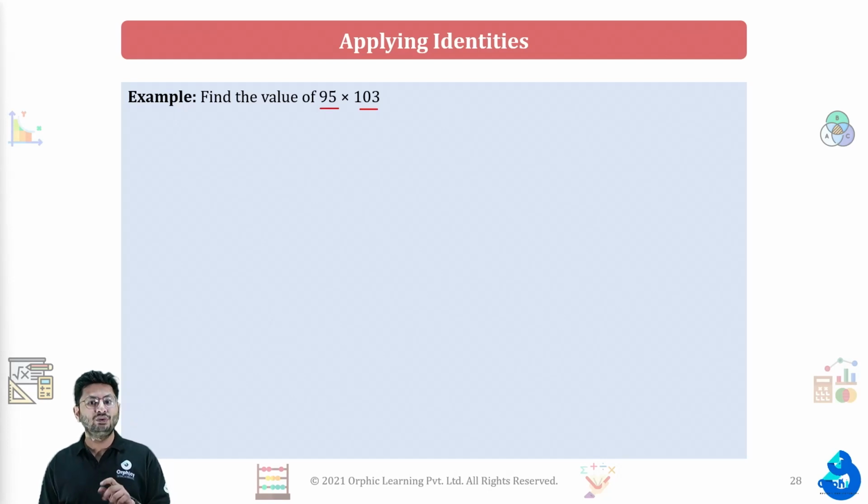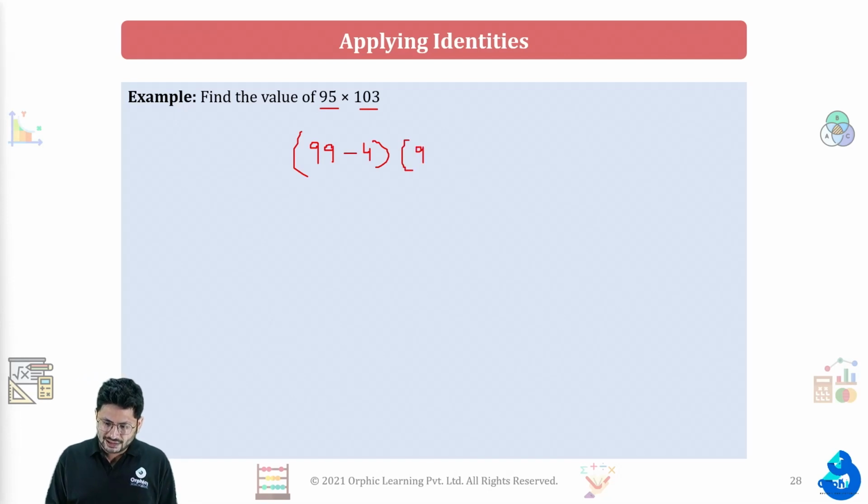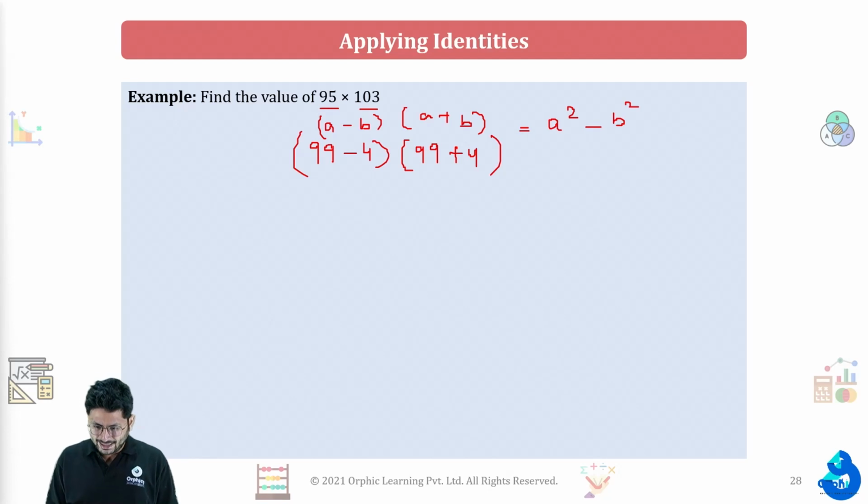Again, but इसको दूसरे तरीके से देखें तो 95 को क्या मैं 99 minus 4 लिख सकता हूं? बिल्कुल लिख सकता हूं। 103 को 99 plus 4 लिख सकता हूं, correct? तो इसको a minus b into a plus b मैं बोल सकता हूं, that should be equal to a square minus b square. Okay, and similarly this 99 minus 4 into 99 plus 4 would be equal to 99 square minus 4 square.